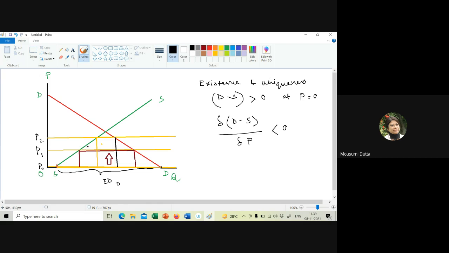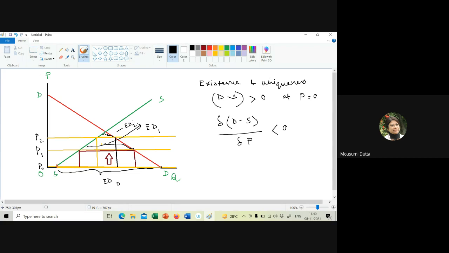Coming to this price P1, this is the volume of excess demand, which is ED1. Coming to the price P2, this is the volume of excess demand, say ED2. So as price is moving up and up, the volume of excess demand is continuously falling.